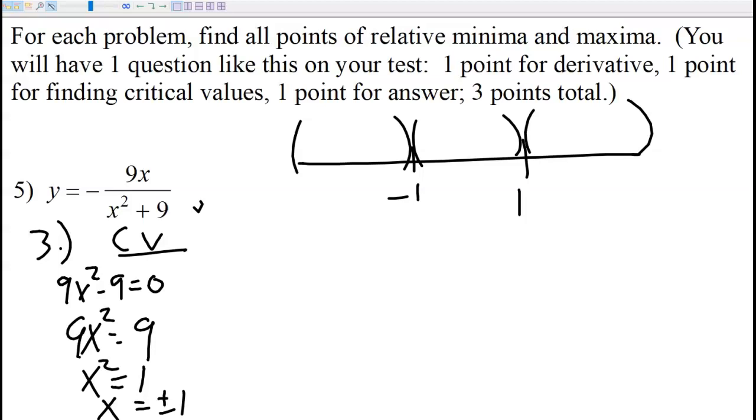So you want to include those on your number line so you see all the intervals of increase and decrease, but you just don't want to put those discontinuous numbers in your final answer, because you can't have relative extrema there.